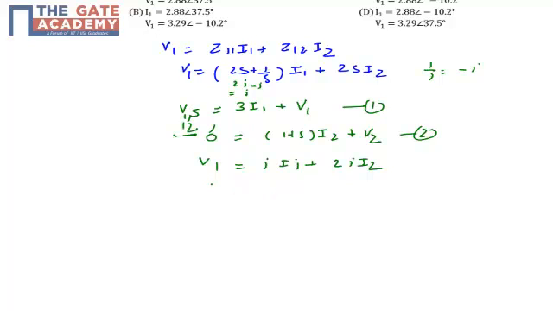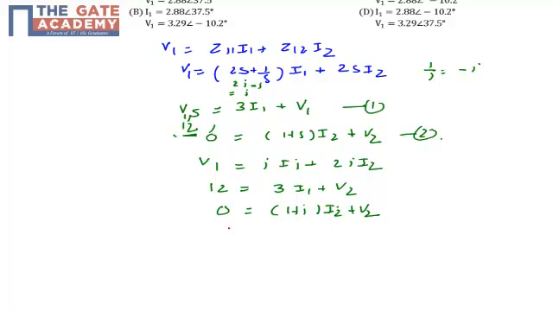So the next equation will be 12 is equal to 3 times I1 plus V1. And the third equation, which is equation number 2, is 0 is equal to (1 + j) times I2 plus V2.